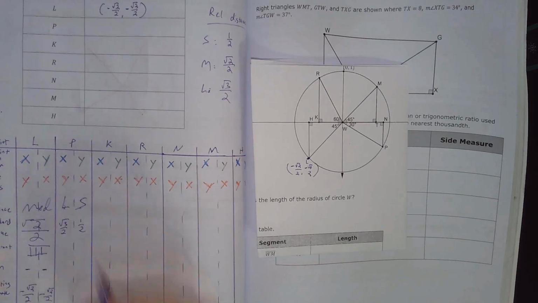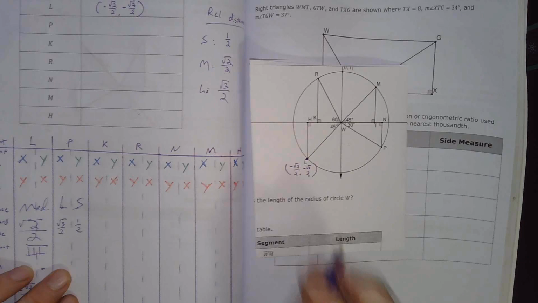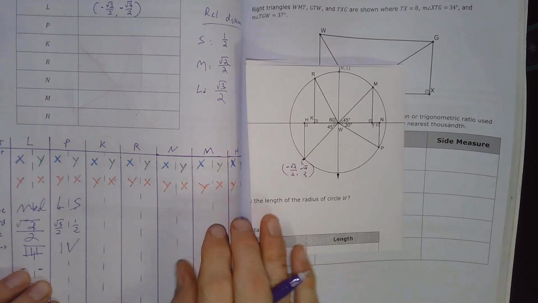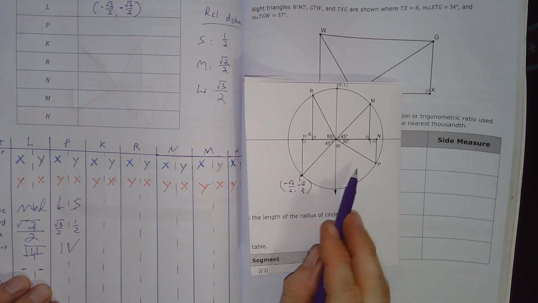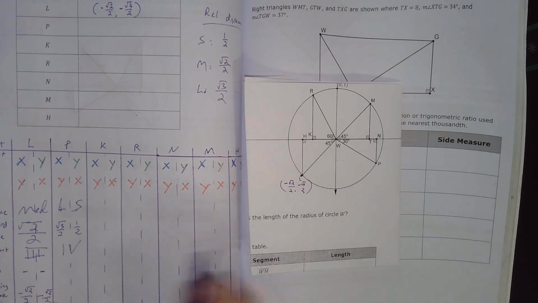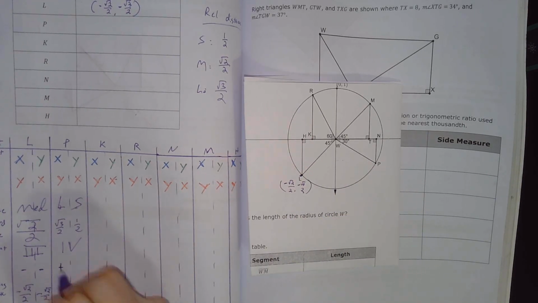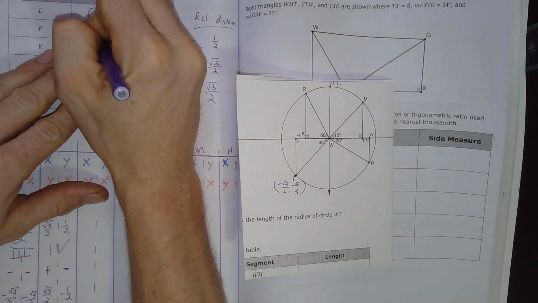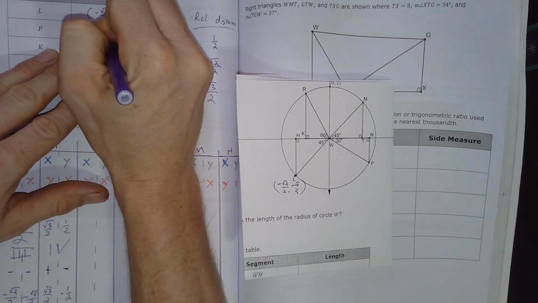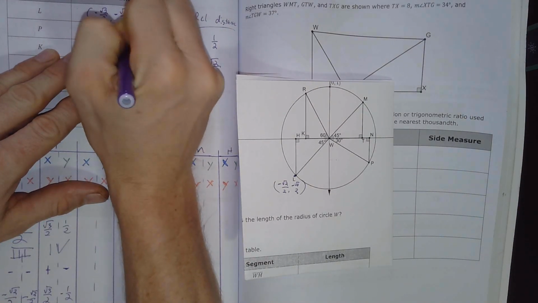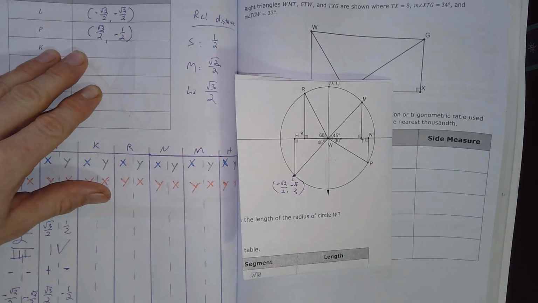So this is long and short. Okay, so what quadrant is it in? This is in quadrant 4. And in quadrant 4, my x's are positive, my y's are negative. So this is going to be square root of 3 over 2, comma, negative 1/2 for the answer.